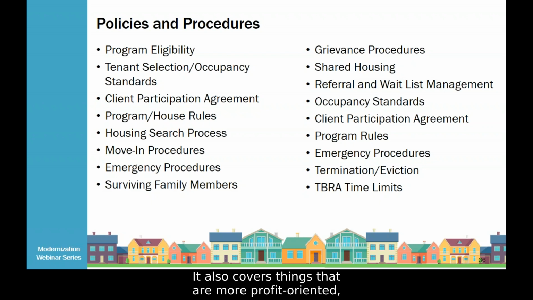It also covers things that are more process-oriented for particular situations that may come up, such as the housing search process, the moving in and moving out. Additionally, more serious situations that can come up, like emergencies or death of a HOPWA eligible household member. It's important to have those policies in place so people really understand what they need to do when some of those situations arise.